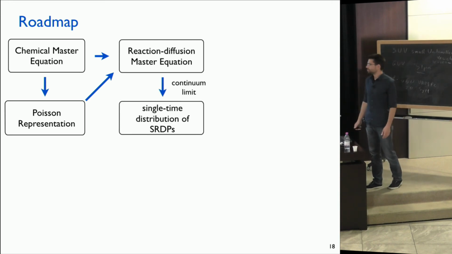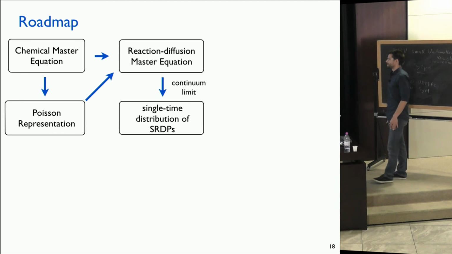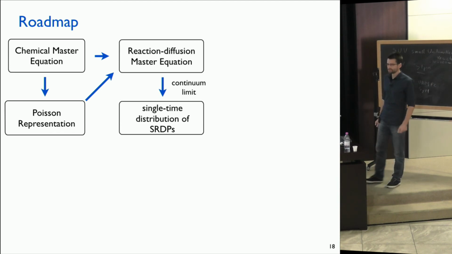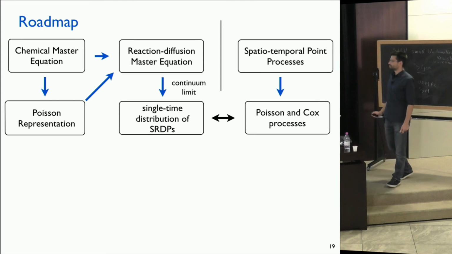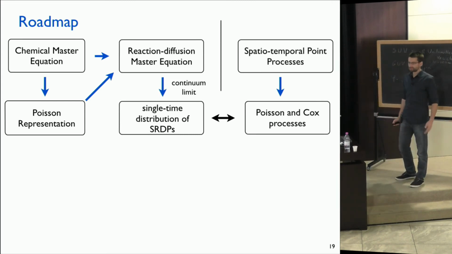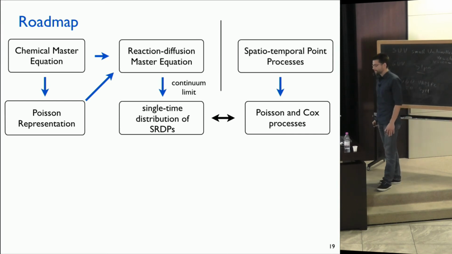If we then take the continuum limit, we will get a single time description of our processes. And as it turns out, this will be related to Poisson and Cox processes, which are two particular popular types of spatio-temporal point processes.